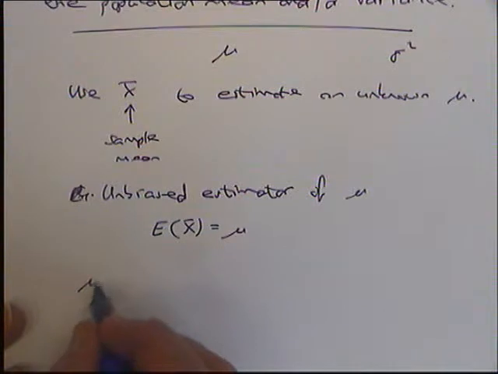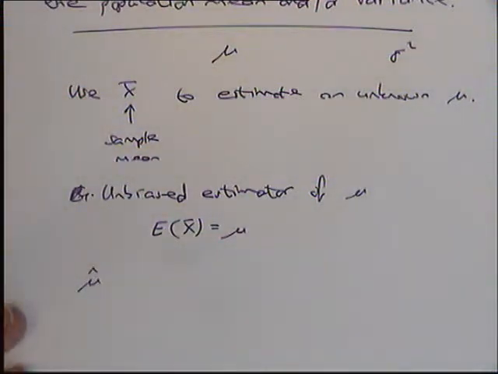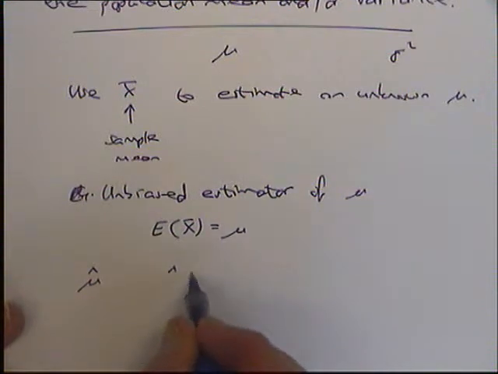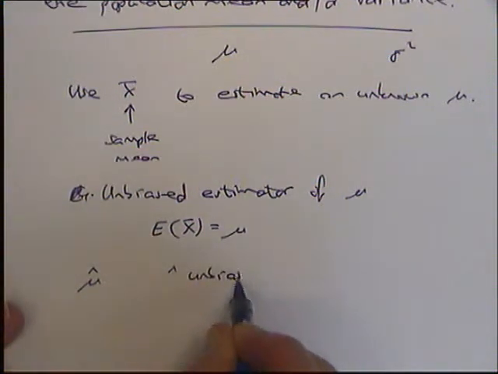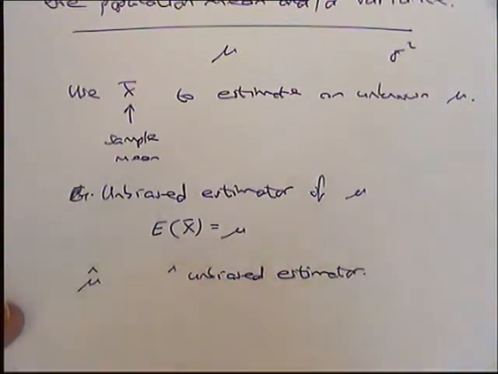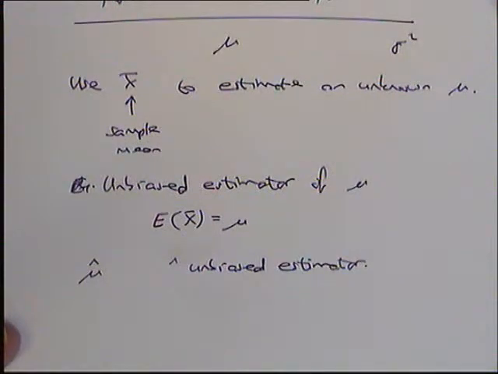Sometimes you'll see this symbol here, mu hat. With that little hat, that hat symbol is implying that it is an unbiased estimator. So, we know what mu hat is. What we need to know next is what sigma squared hat is.